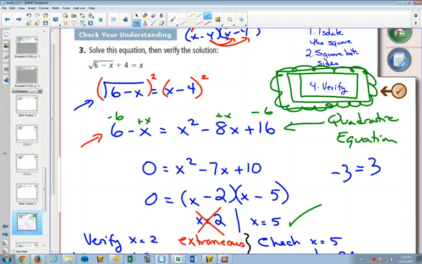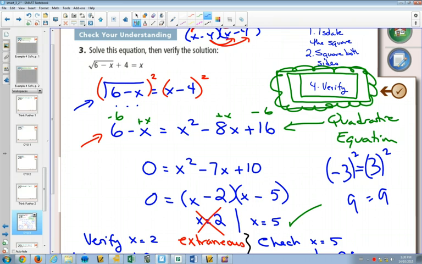But if you square both sides, what happens? They both become positive 9. So they appear to be equal here, even though they weren't equal before. So at this step, when we square both sides, which is the only way to solve radical equations, to get rid of that square root, we could have possibly had on this side positive, on this side negative.